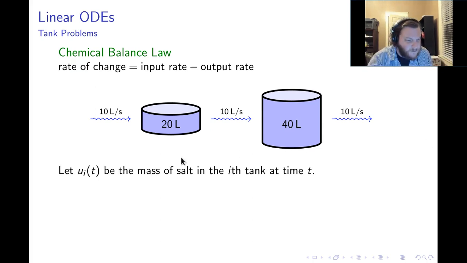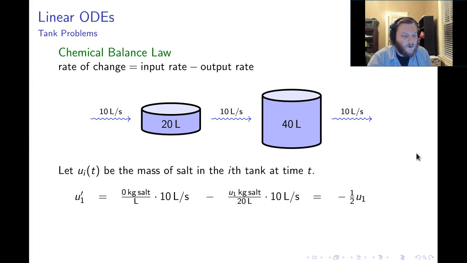Well, let's introduce functions to help keep track of the amount of salt in each tank. Let u sub i of t be the mass of salt in the ith tank at any given time. So u sub 1 tells me the mass of salt in the first tank, and u sub 2 tells me the mass of salt in the second tank at any moment in time.